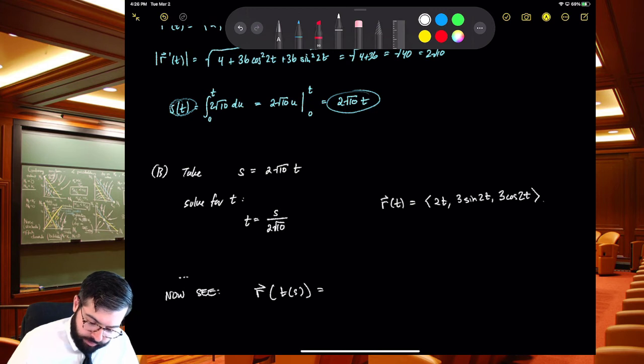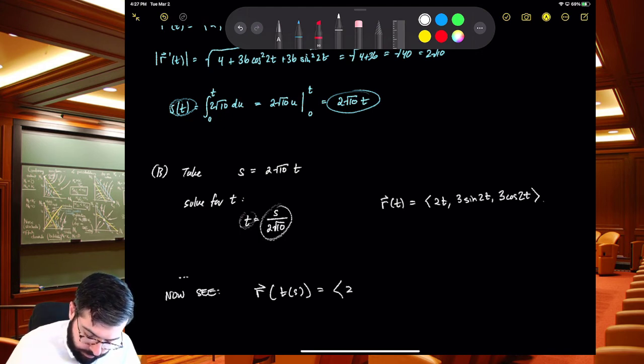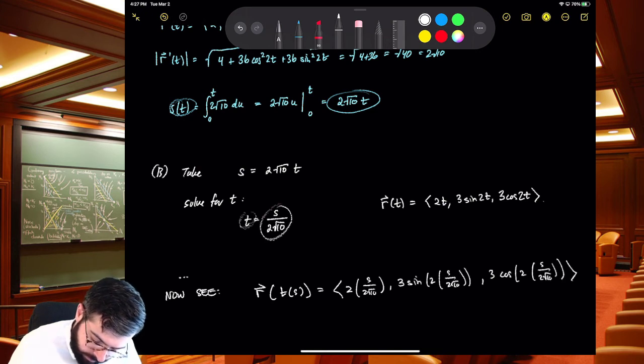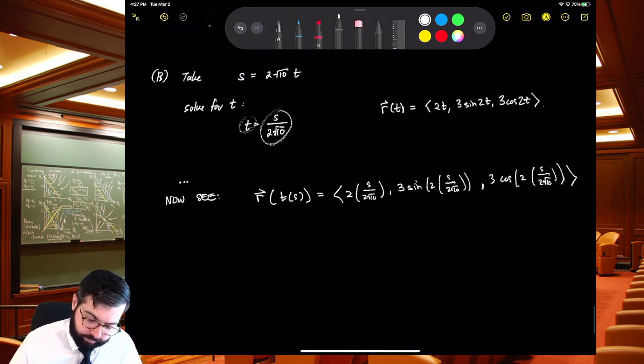And so we're substituting t with s over 2 radical 10. So that's 2 times s over 2 radical 10, 3 sine 2 times s over 2 radical 10, 3 cosine 2 times s over 2 radical 10. And then we get to cancel out some 2's, but that's about it.